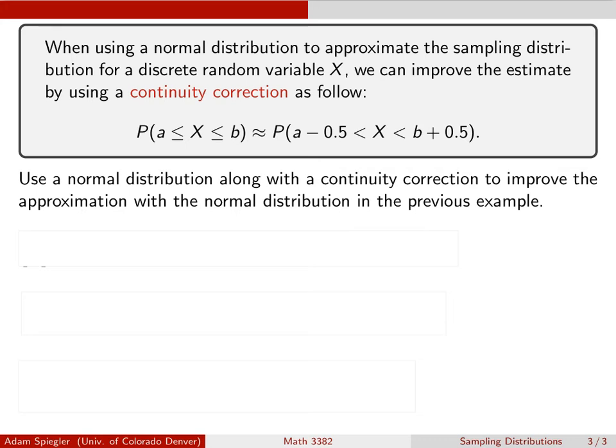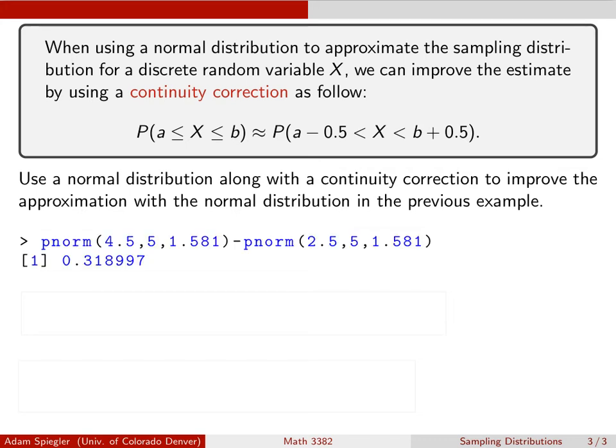So using the same normal distribution approximation here, notice I changed the 4 to a 4.5. I changed the 3 to a 2.5. So I went half a unit further in each direction, and we got something that is much, much closer to what we would have expected to get, since we know how to calculate this exactly using the binomial distribution.